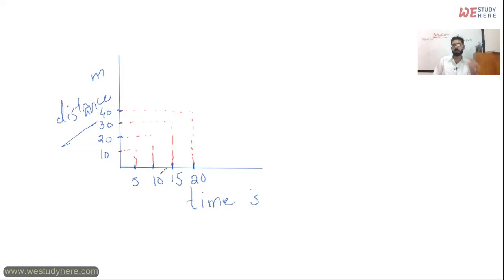So equal distance in equal intervals of time, this is called the uniform speed of the body. If you join it, you will get a straight line. So equal distance covered by a body in equal intervals of time.